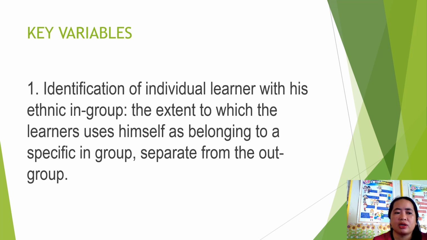A strong identification with the in-group influences personal language choices, often leading to divergence, to maintain distinctiveness, or convergence to align with group norms. So that is number one of the key variables.